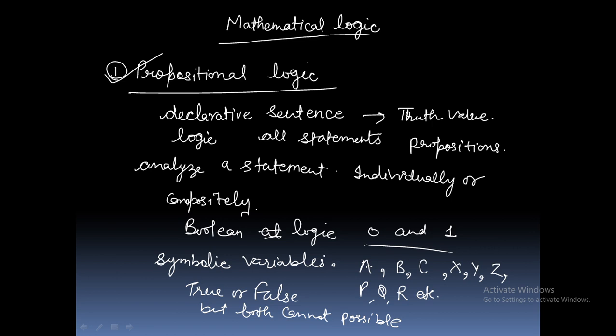Propositions can use symbolic variables like A, B, C, X, Y, Z, P, Q, R, etc. It consists of objects, relations, functions, and logical connectives. It can be either true or false, but it cannot be both possible.